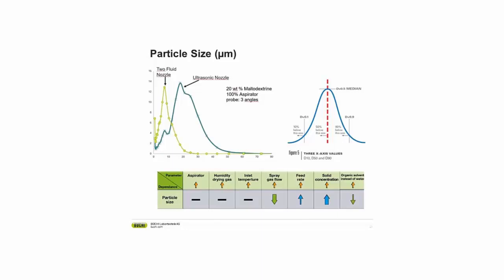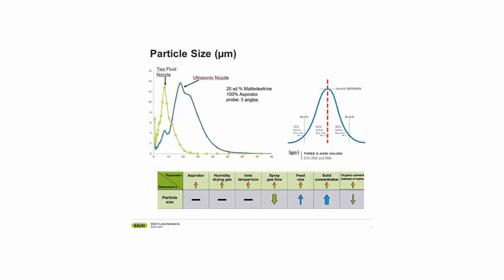So, because we had so many questions about particle size, I just wanted to have a little talk about it. In general, we at Büchi offer two different nozzles. We have the two-fluid nozzle, which is assisted with air, and we have an ultrasonic nozzle. Using an ultrasonic nozzle gives us bigger particles, because it shifts the mean particle peak further to bigger particles.